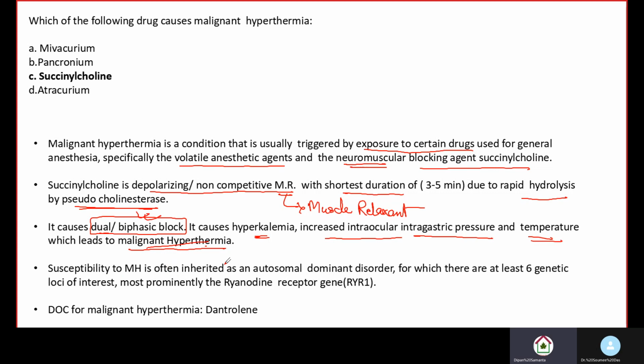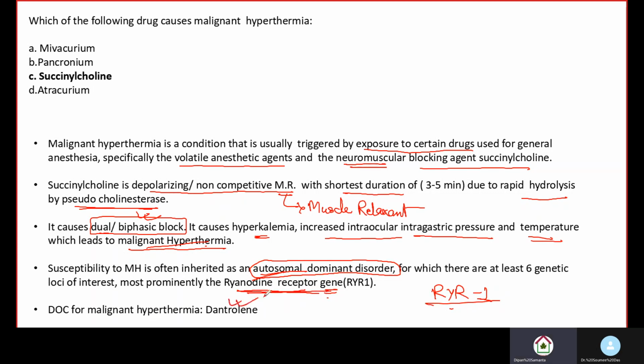Susceptibility to malignant hyperthermia is often inherited as an autosomal dominant disorder, for which there are at least 6 genetic loci of interest, most prominently the ryanodine receptor gene, RYR1.